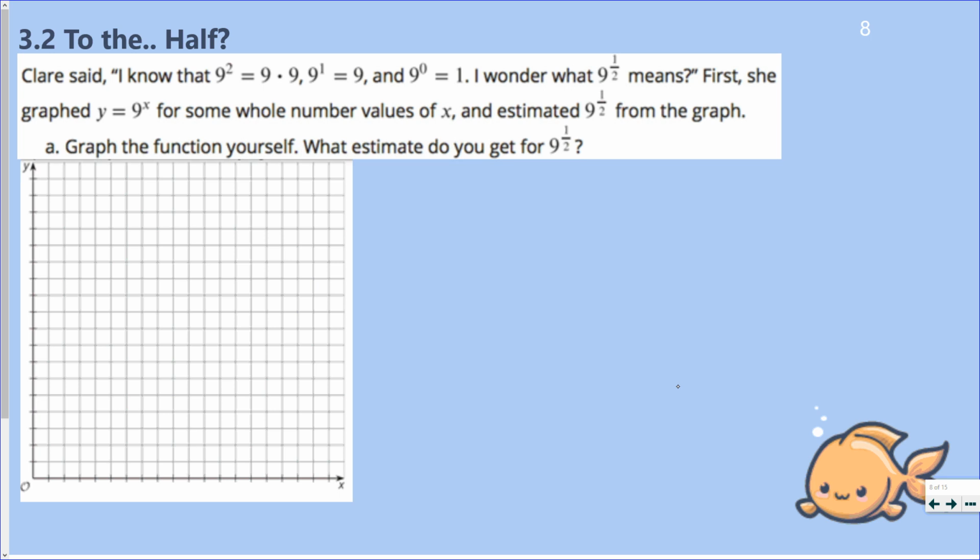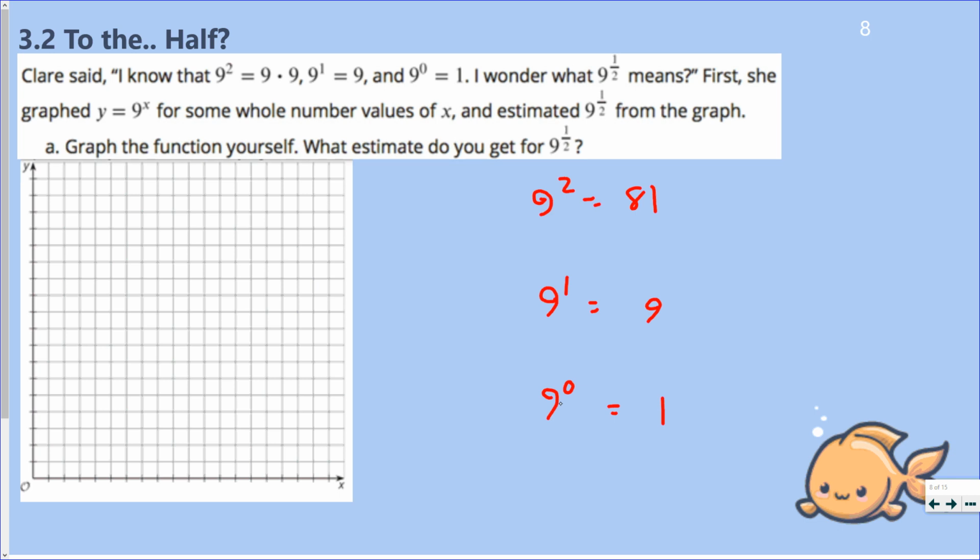But then we defined, and I'll write those down here, 9 squared, that's 81. 9 to the first, that's 9. 9 to the 0, that's 1. Because we said, well, what happens if we had no factors of 9? Without factors, all we're left with is the identity of 1, because 1 is always present when you divide away all other factors.